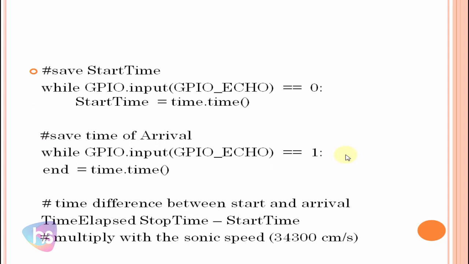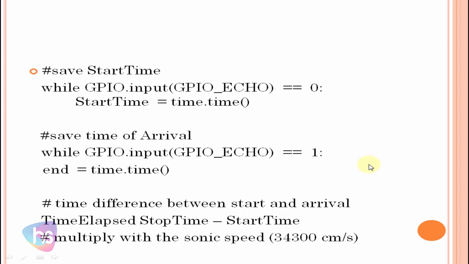I am creating a while loop: while GPIO.input(GPIO_ECHO) equals 0, start the time, and save the time of arrival. Again I am creating a while loop for the arrival of the object: while GPIO.input(GPIO_ECHO) equals 1, set stop time equal to time.time().